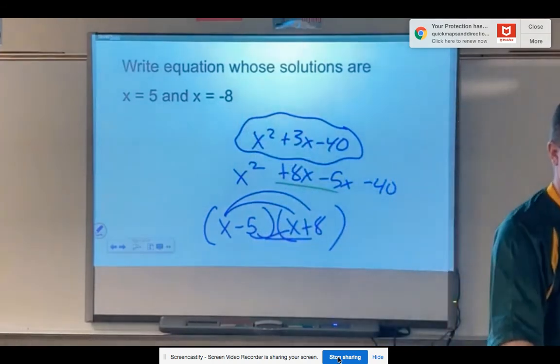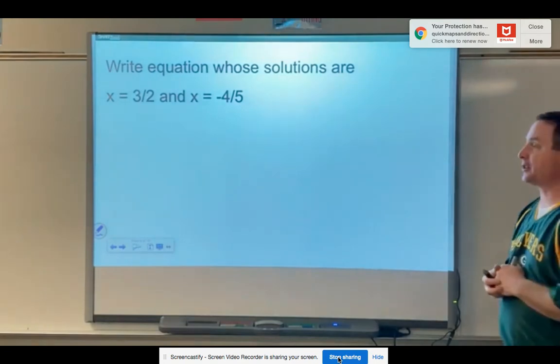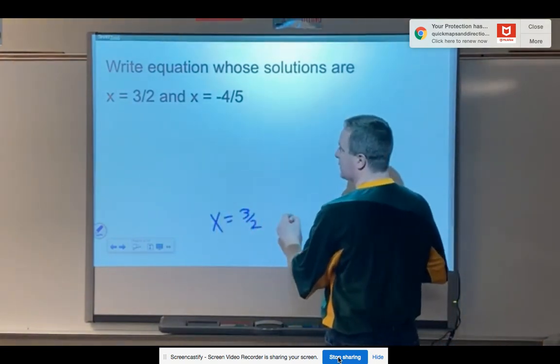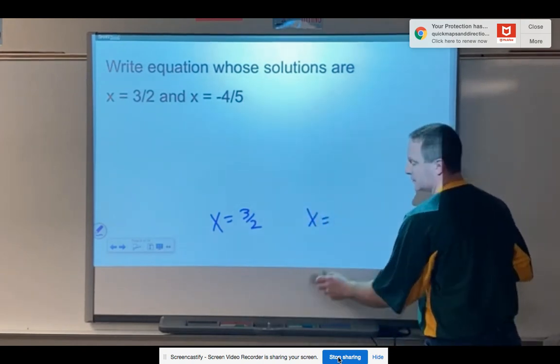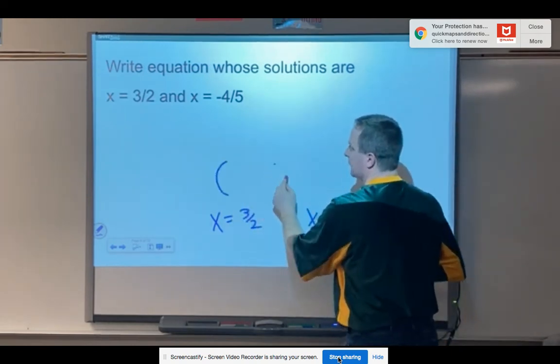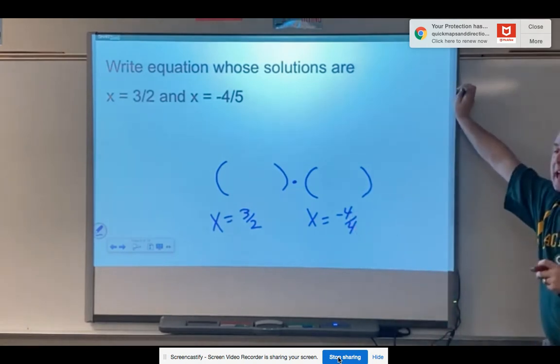I got one very last one. This is it. Oh man, how about when they're fractions? So think about this. X equals 3 halves, and x equals negative 4 fifths. Let's think about, where did 3 halves come from?